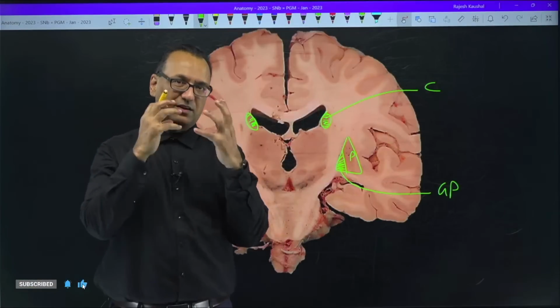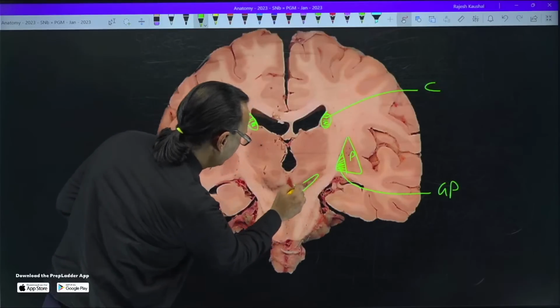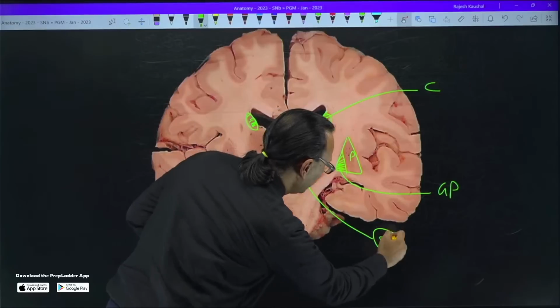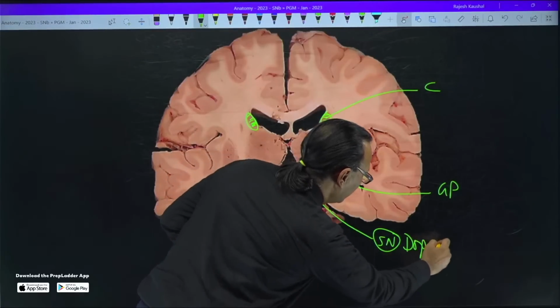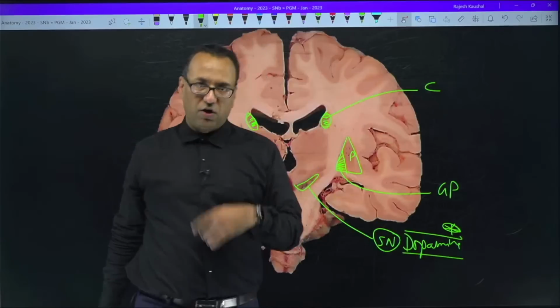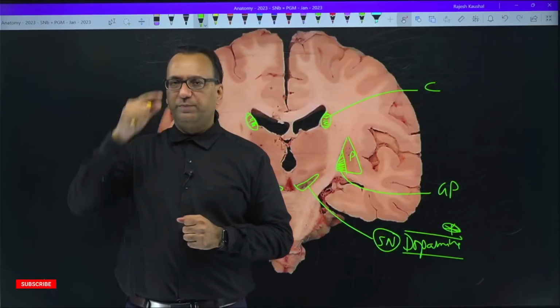Pallidus means paler, light color. And can you see this dark color here, secreting dopamine? The substantia nigra, using dopamine. The question was asking about the direct pathway of the basal ganglia.